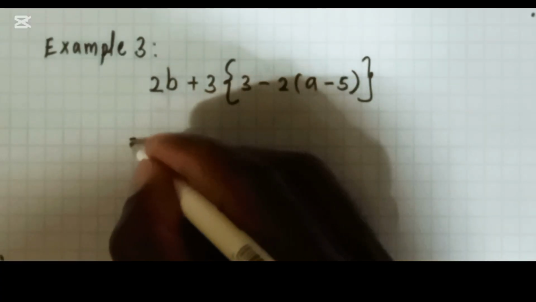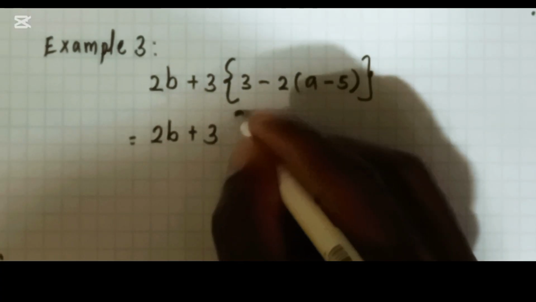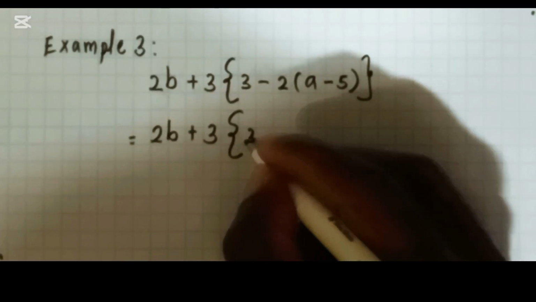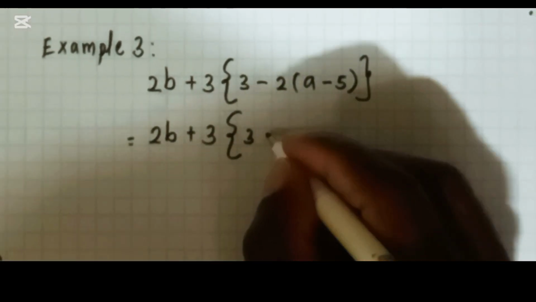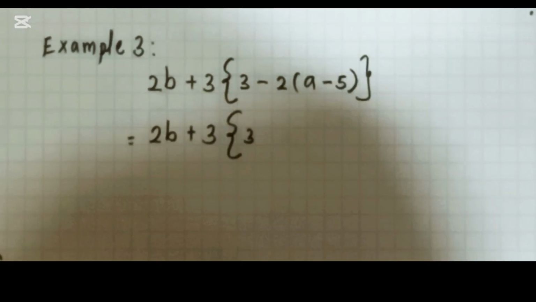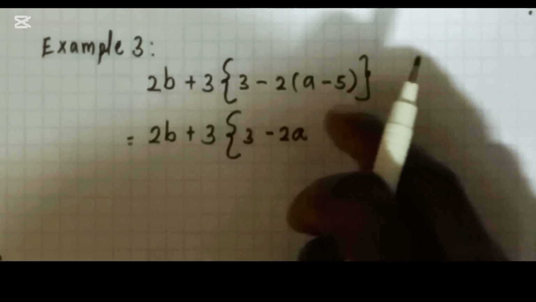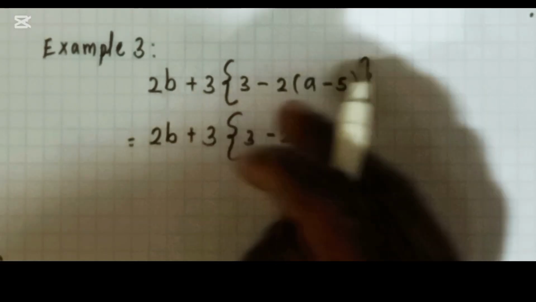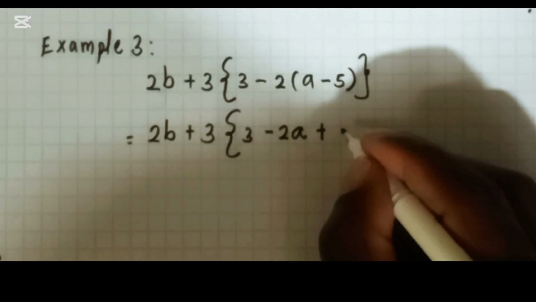So we're going to have (2b + 3) into 3. Now, removing the first bracket, we're going to have negative 2 times a. That's going to give us negative 2a. And then negative 2 times negative 5. A negative number times a negative number gives us a positive, so we're going to have positive 10.